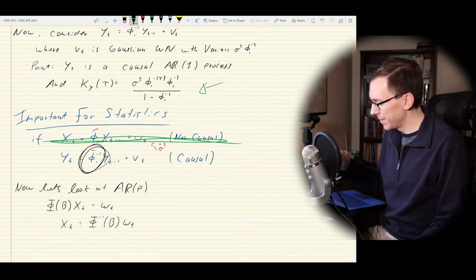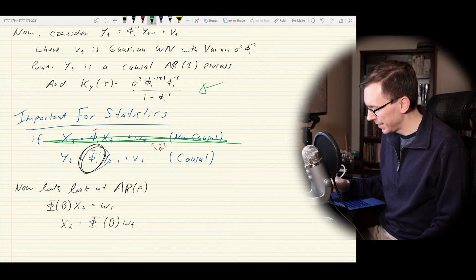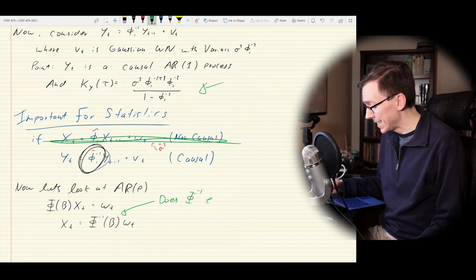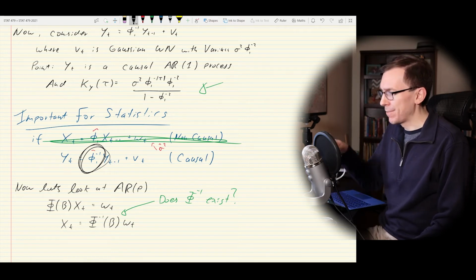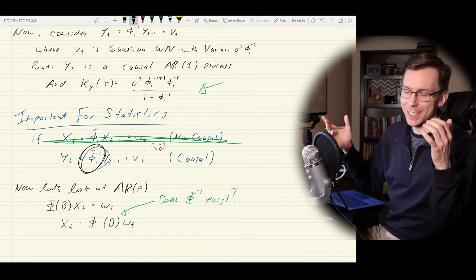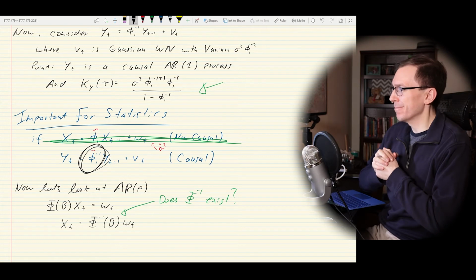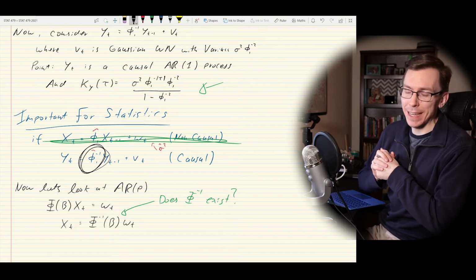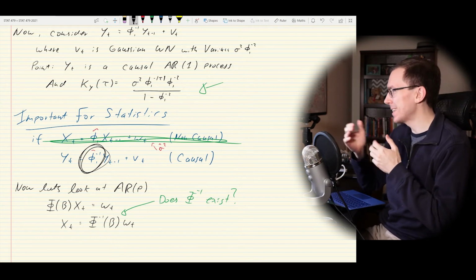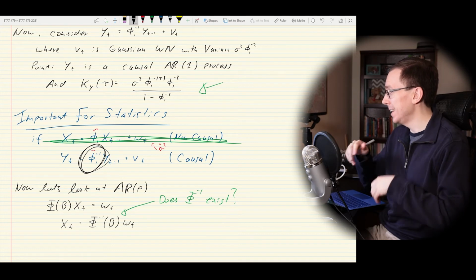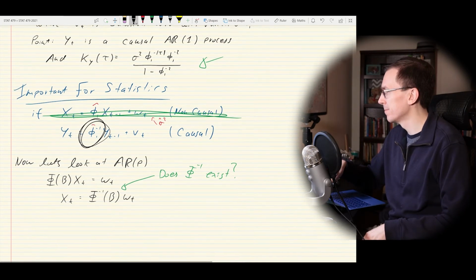But now we have to ask the question mathematically, does phi inverse exist or make sense? If I have a matrix and I want to invert it, well, it may not exist. There may not be an inverse. So in this case, we need to consider that. Is there actually an inverse here?